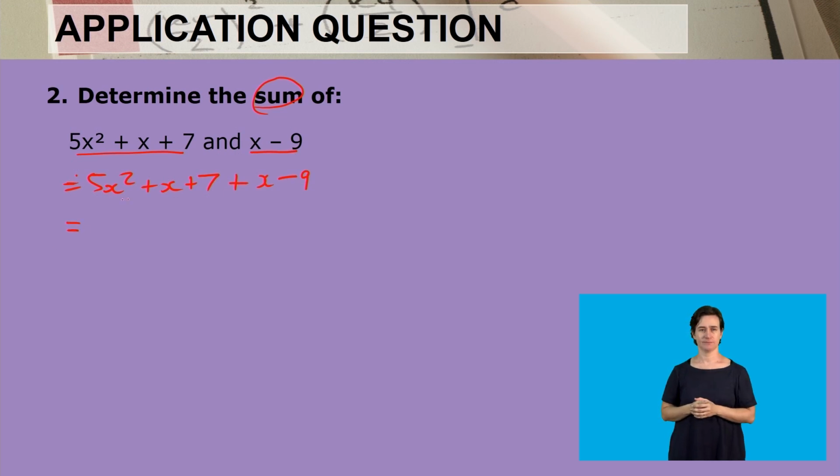Which then we look for like terms. There is no other square, so it would be 5x squared. And then there is x and there is x. x plus x is 2x. Then we have 7 and we have negative 9. So it would be negative 2.